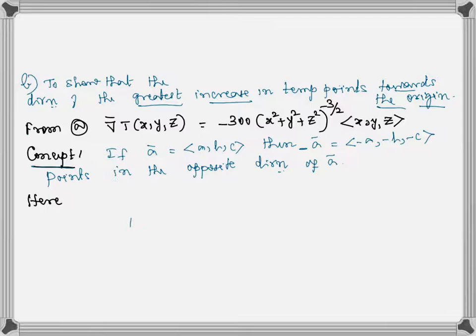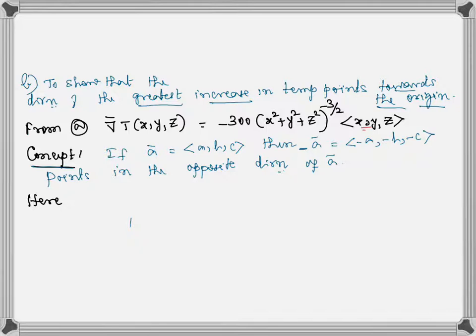So if you consider x, y, z to be the position vector of the point P, the original point P with coordinates x, y, z is OP, and it has components x, y, z. And if you look at this del t, or the gradient vector t, it is negative of a square expression times x, y, z, which means it is obviously pointing towards the origin.